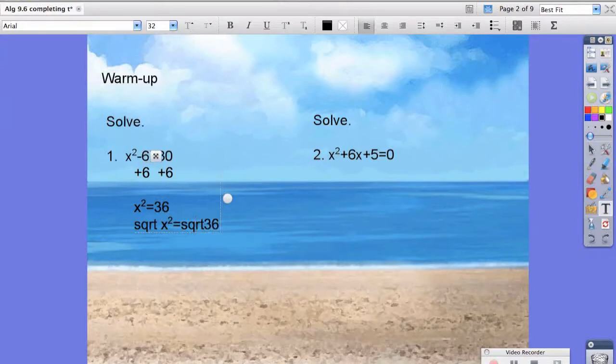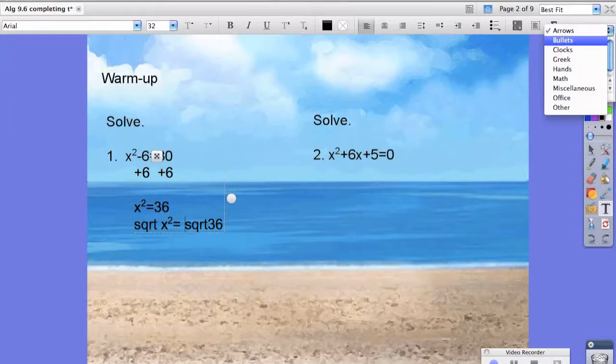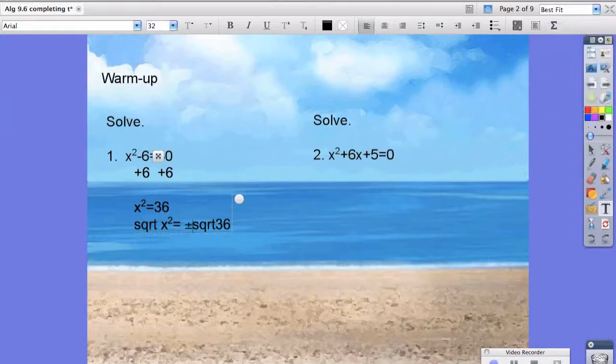And you'll notice because we square rooted both sides, we are supposed to add the plus or minus signs. So your final answer should read x equals plus or minus 6.